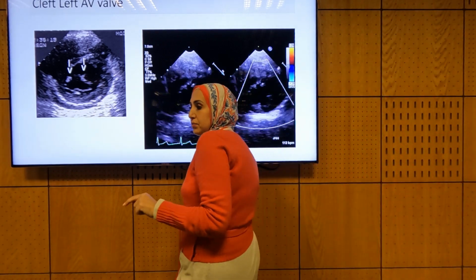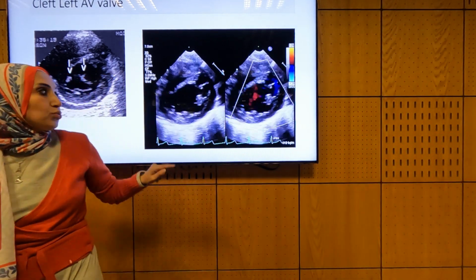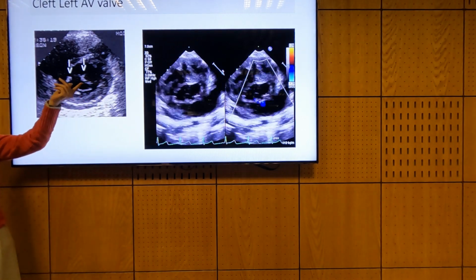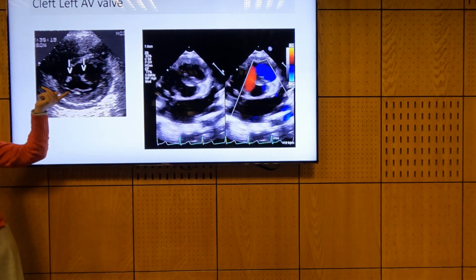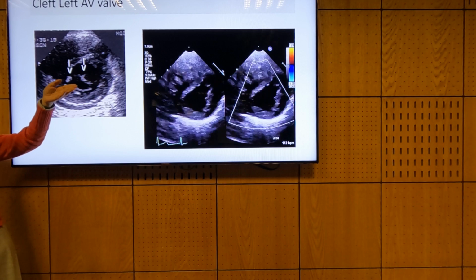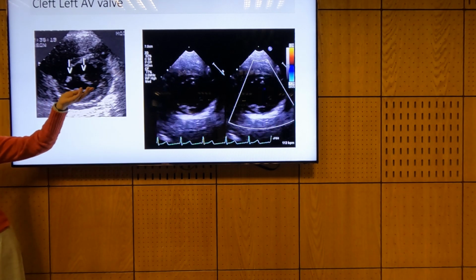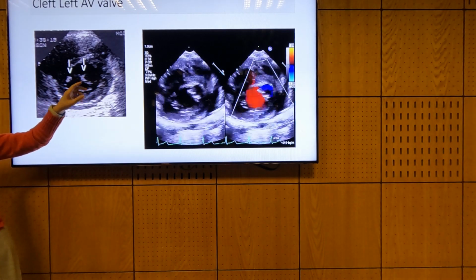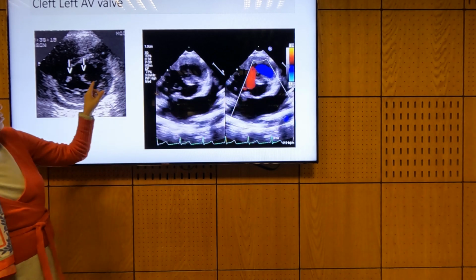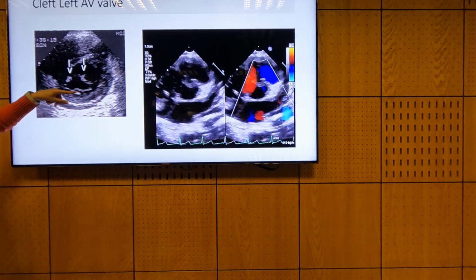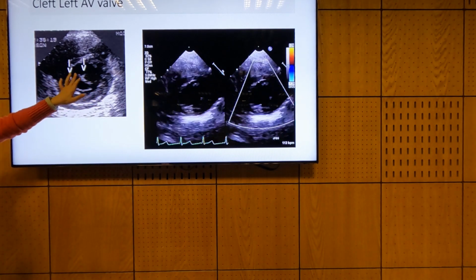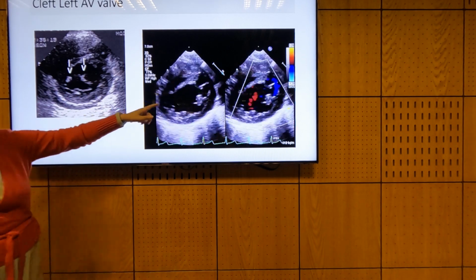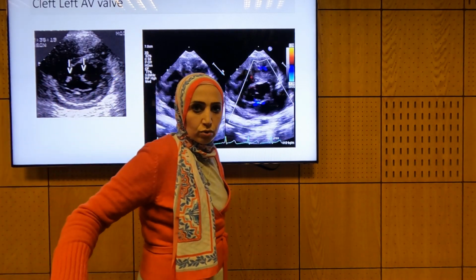What does it mean that the left AV valve is clefted? That we will have a tear, a hole, in the left AV valve, the mitral, as we now call it, and we will have incompetence. Look at this standstill image. This is the posterior, this is the anterior, and this is the cleft. Here, this is sweeping up and down.